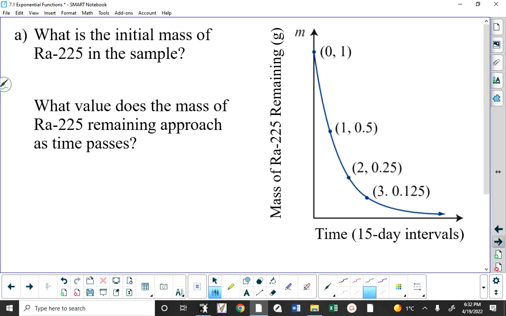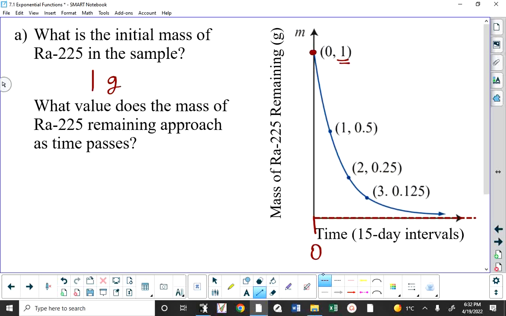What is the initial mass? Well, the initial mass is 1 gram because that is the value of y at the beginning. What value does the mass approach as time goes on? Well, it's going to approach 0 because there is a horizontal asymptote there.